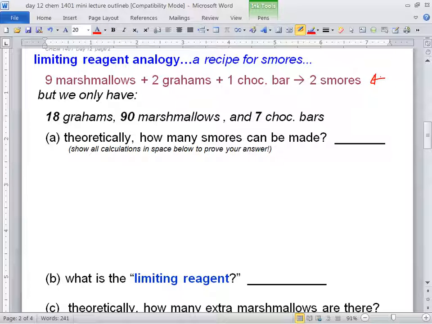Okay. So theoretically, Megan, can you do this in your head? How many s'mores could I make with this mess of stuff? For example, if I have the 18 graham crackers, I could get how many s'mores out of that? 9. Get 9, right? The 90 marshmallows, I could get 10. The 7 chocolate bars, I could get 7.